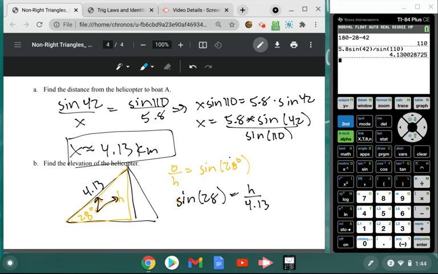So if I cross multiply, 4.13 times the sine of 28 is equal to my height, or the elevation of my helicopter. So I want 4.13 times the sine of 28. And we get that height. So the elevation is 1.9. If I round that, we'll say 1.94 kilometers.